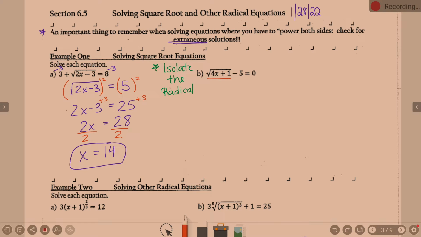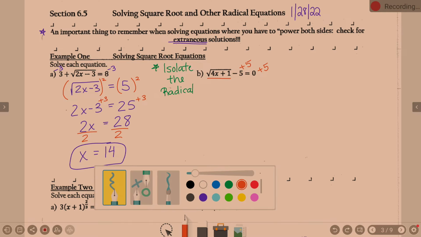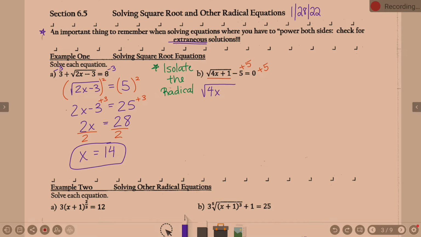Adding 5. Okay. If it's minus 5, I'm going to add 5. So I add 5 to both sides. So I still have the square root of 4x plus 1. Minus 5 plus 5 cancel. 0 plus 5 is 5.